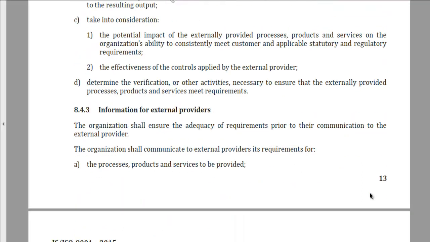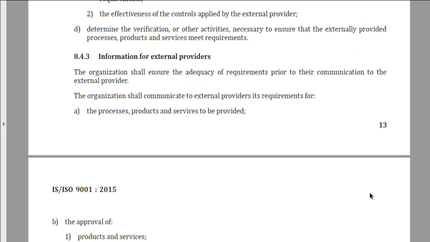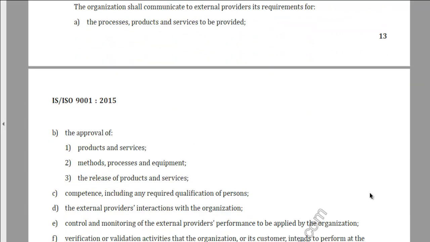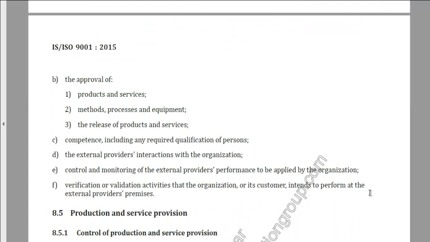And 8.4.3, to ensure that the type and extent of control remain relevant, the necessary information that has to be passed on to the external providers is mentioned as a part of clause 8.4.3. You must realize that every single line item in this clause is extremely necessary. So when you are auditing or implementing, please ensure that you do not leave a single line item unattended.